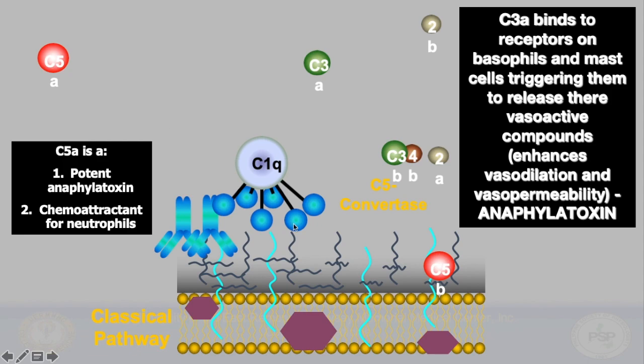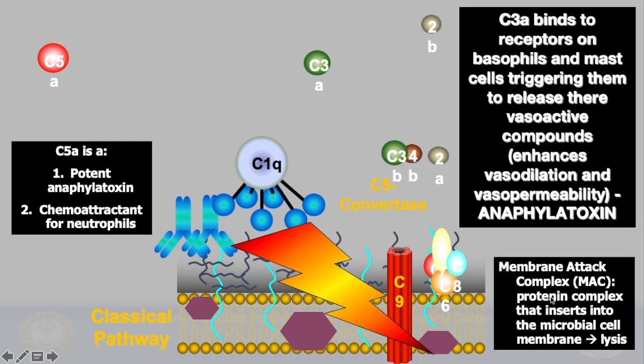So it sort of calls more of the neutrophils into the site of injury or infection. Now C5b, on the other hand here, will bind to the membrane. And together with other complement proteins C6, C7, C8 will form your C9, which is what we call your MAC, or the membrane attack complex.